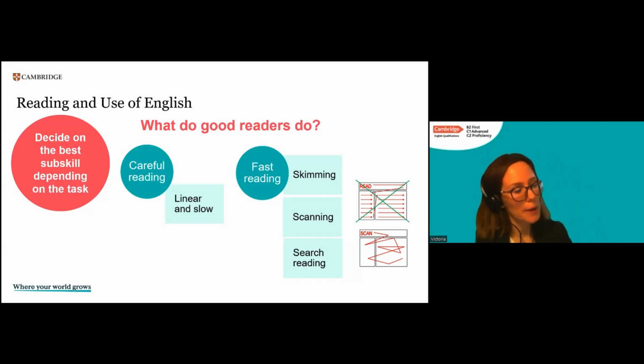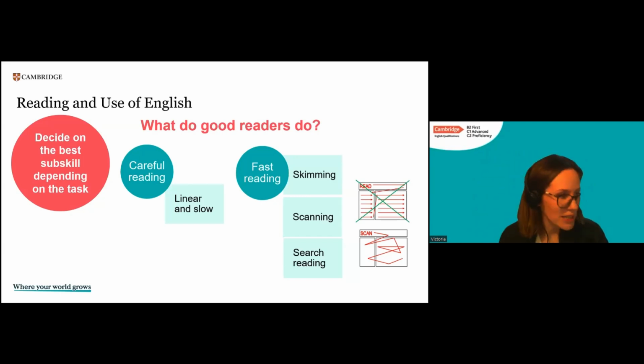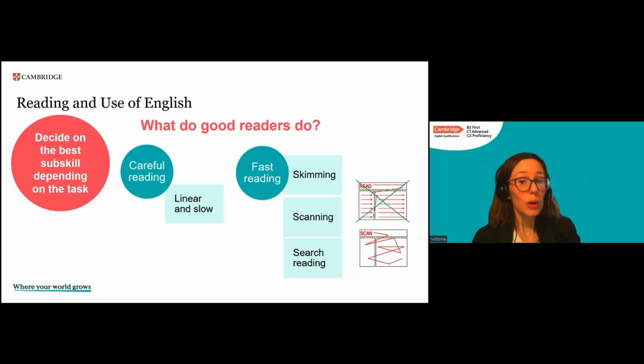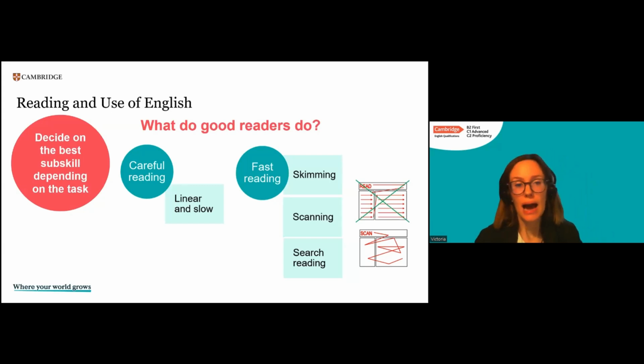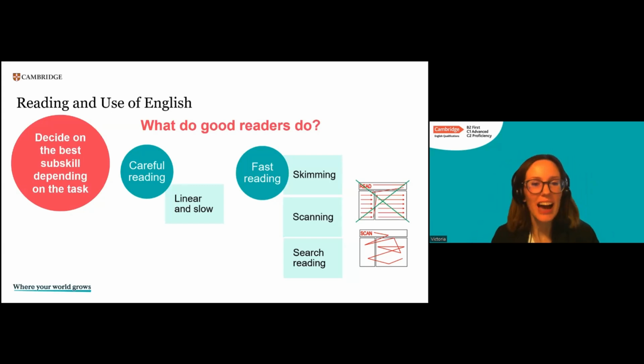So it's a quick search for information and looking for meaning rather than a specific word. So there will be situations in which we will need to combine fast reading and careful reading. And good readers definitely know how to combine both and when to choose which one.